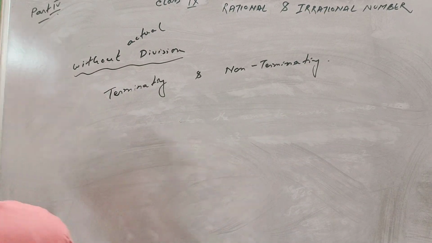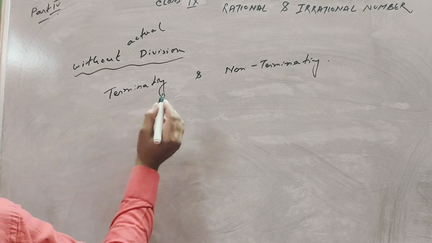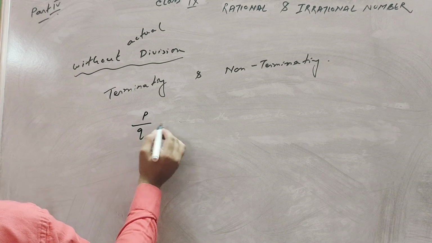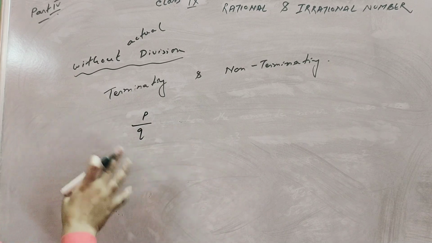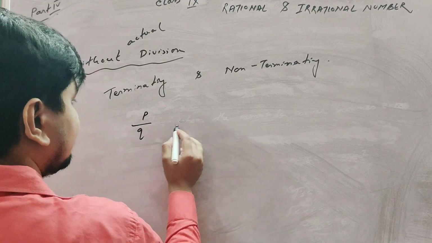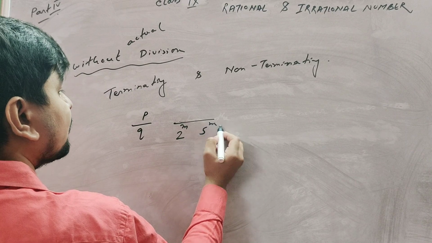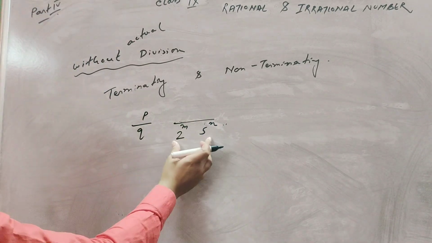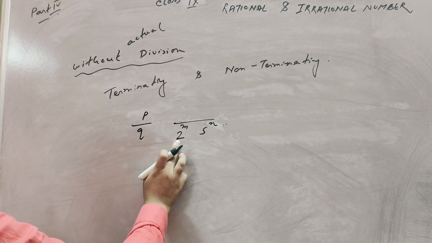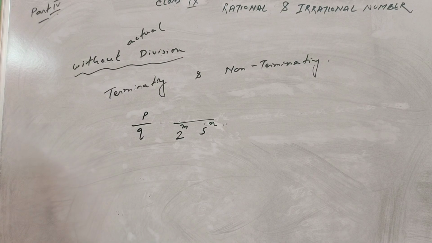How? At that time this is very important, because we know that rational is always in the fraction form. If there is a numerator and denominator, and the denominator has the factor 2 or 5, or both 2 and 5, that is called your terminating decimal.